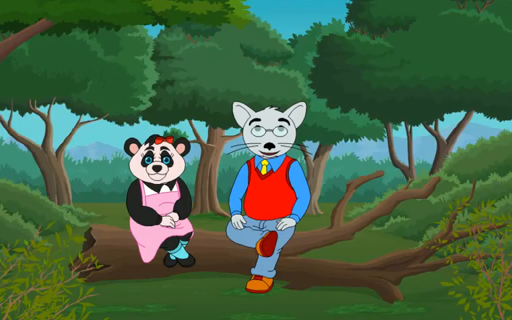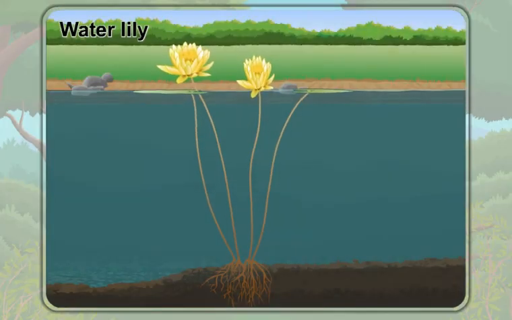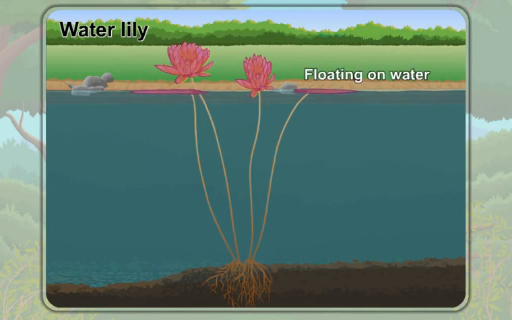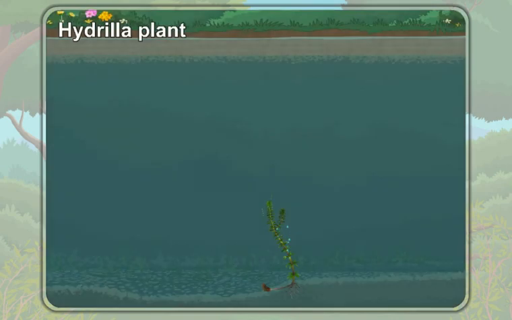Students, you now know that water lily is a fixed plant. Now, have a look at this water lily plant again. Some parts of this plant are inside the water, while some parts are floating on the water. Now, look at this Hydrilla plant.